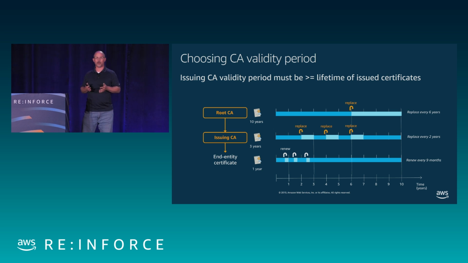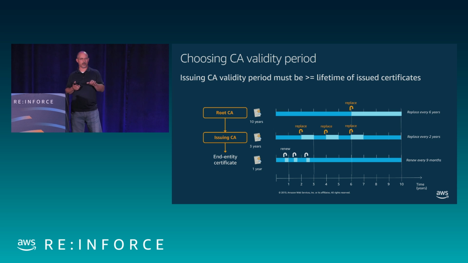Once I know how long my end entity certificates are going to last, I can define how long I want my issuing CA certificate to last. In this case, a good rule of thumb is to multiply the lifetime of the level below by 2 or more, and then add some buffer time so that you give yourself a chance to renew the certificate before it expires, or actually replace the CA if that's what you're going to do.